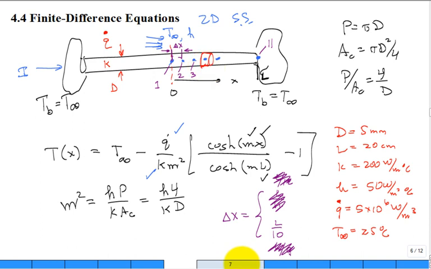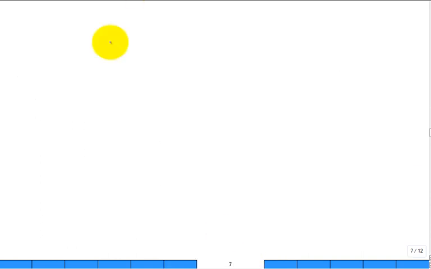So let me go to another slide. And we have, I don't know, how do you want to work? Do you want to work it with the i plus 1, i minus 1, or do you want to work it with the particular numbers? So this is a node, there's a node, there's a node. So a lot of times I'll work with, well, here's node i, here's node i minus 1, here's node i plus 1. And you have conduction down the axis.